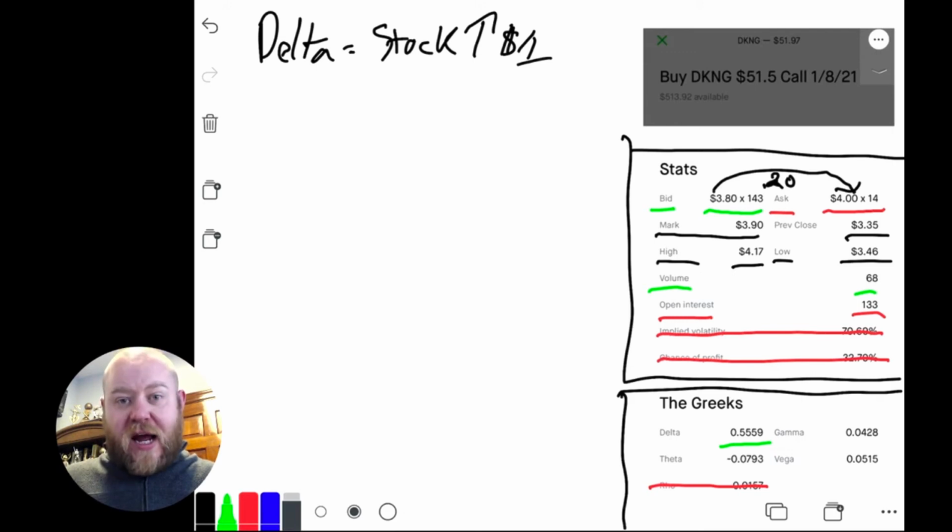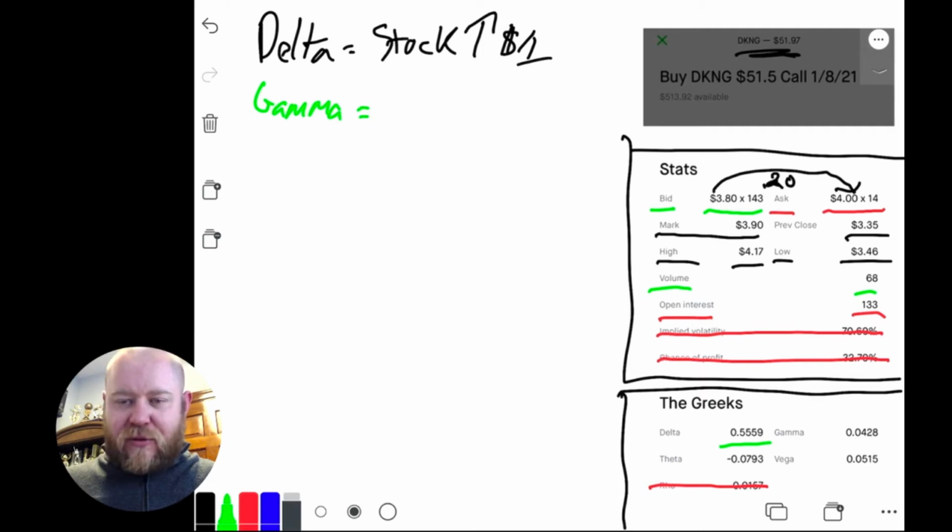In the example we have here, the stock for DraftKings is at $51.97. If it goes to $52.97, then your premium is going to go up $55 and you've made $55. If the stock price goes down $1, from $51.97 to $50.97, then your premium is going to go down $55.59, so you're going to lose $55.